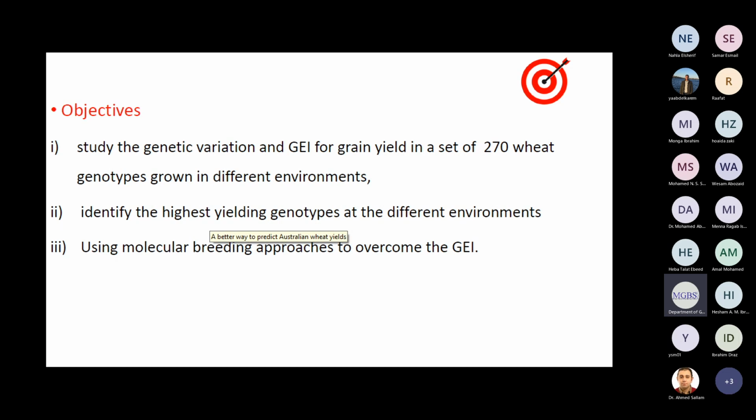And these genotypes were grown in different environments. The second objective, to identify the highest yielding genotypes at different environments. And the third one, to use molecular breeding approaches to overcome the genotype environment interaction.